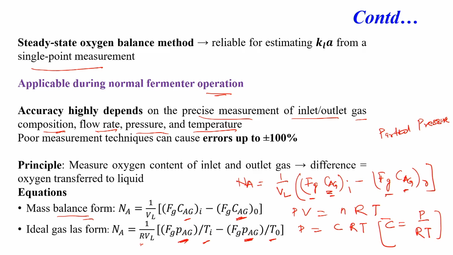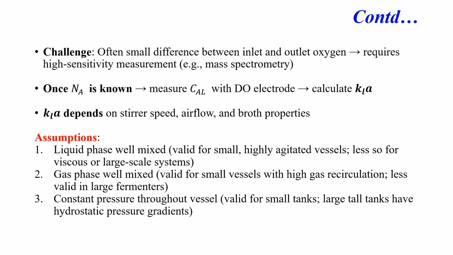Here there will be inlet temperature and outlet temperature, inlet flow rate and outlet flow rate, inlet pressure and outlet pressure. Volume is constant and R is the gas constant. In this way, by doing the simple oxygen balance method, we are able to calculate the value of Na. And once Na is known, how do we calculate KLa? Na equals KLa times CL star minus CL.